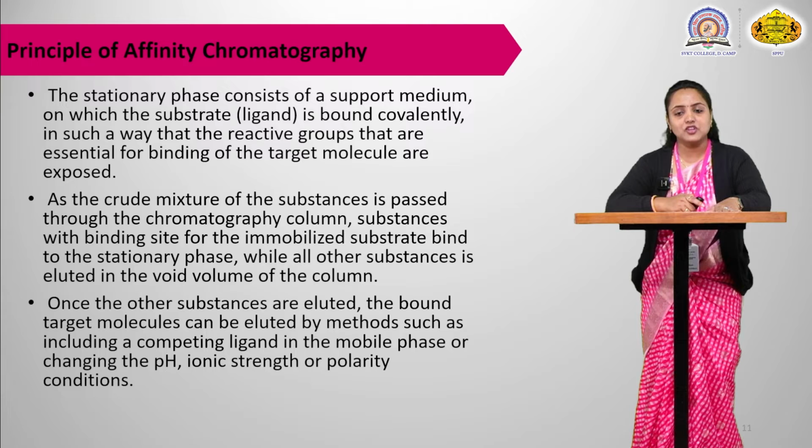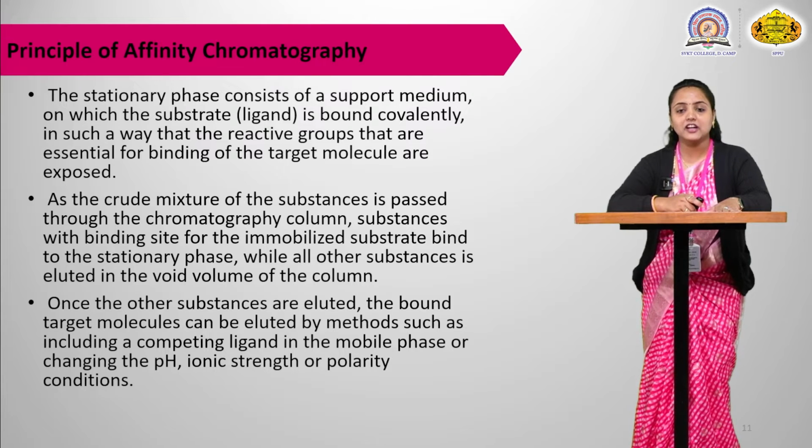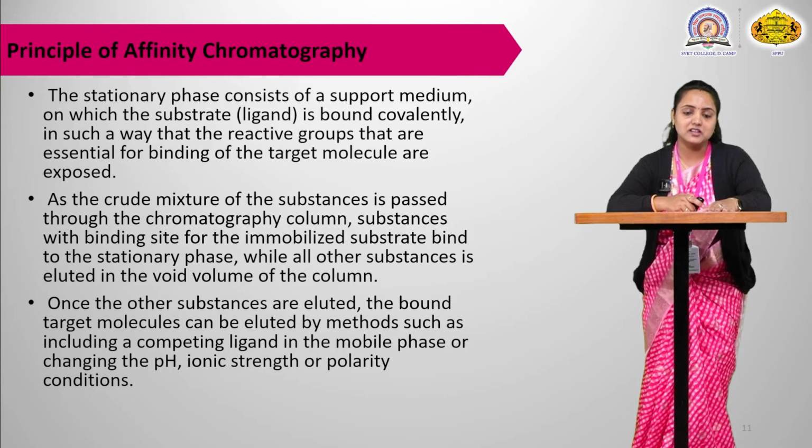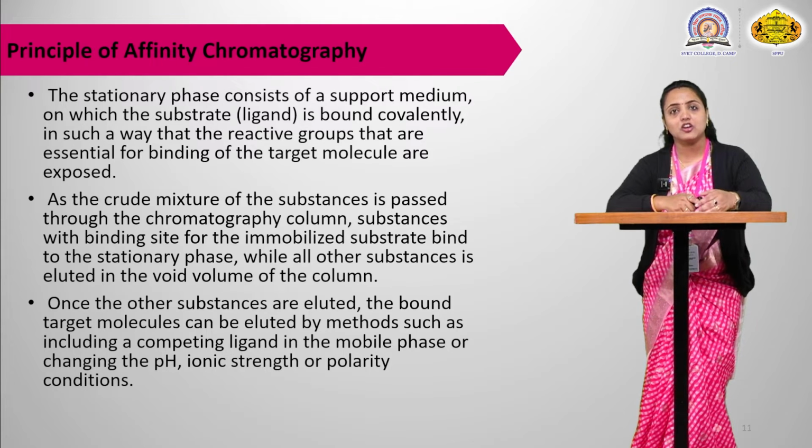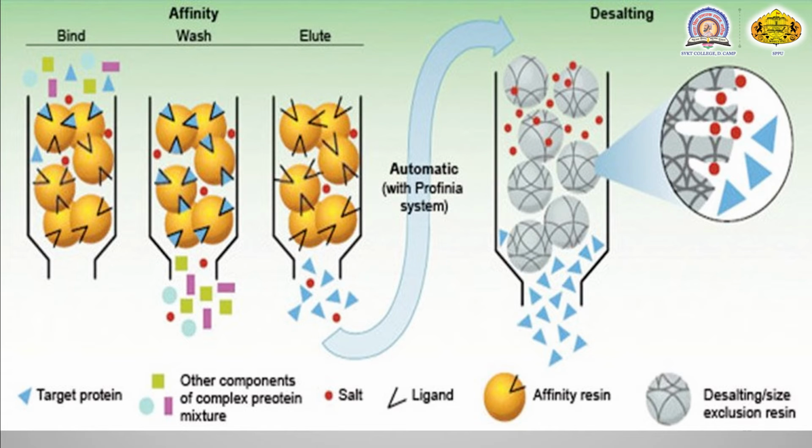Once the other substances are eluted, the bound target molecules are eluted by methods including a complement ligand in the mobile phase, or changing the pH, ionic strength, or the polarity conditions. In this diagram you can see the methods.